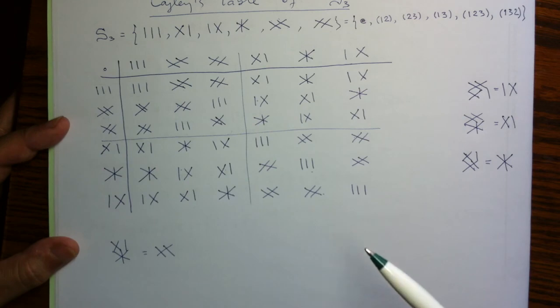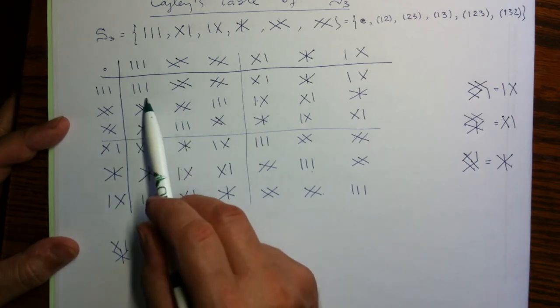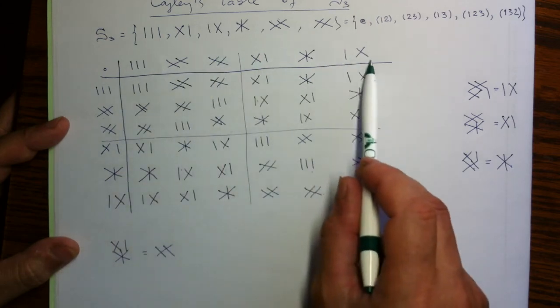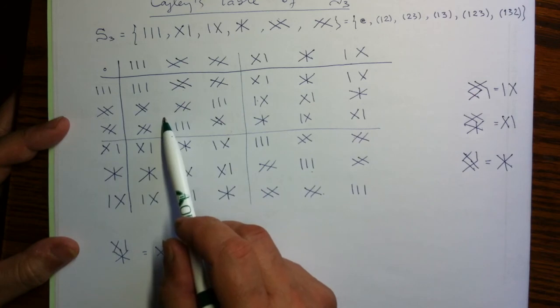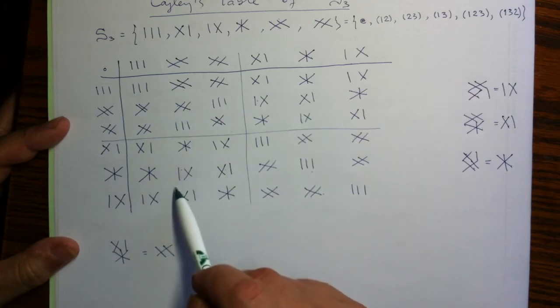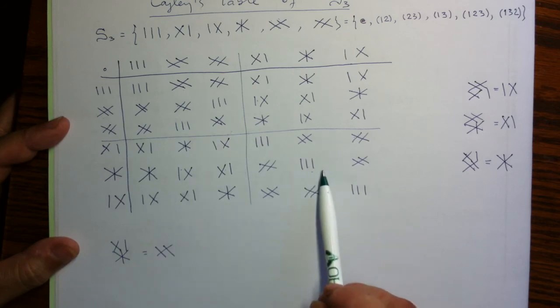So that is supposed to look familiar. It looks like a pattern of even here and odd here. So if this is even and this is odd, then even with even is even, even with odd is odd, and odd with even is odd, and odd with odd is even.